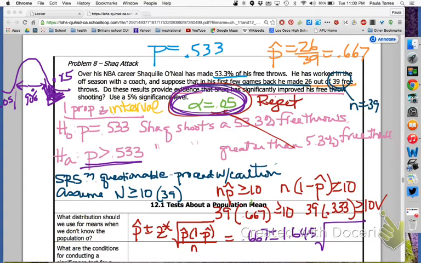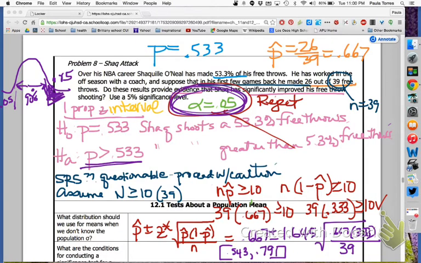And then inside, again, I'm using p hat. And so therefore my interval is 0.543 to 0.791.